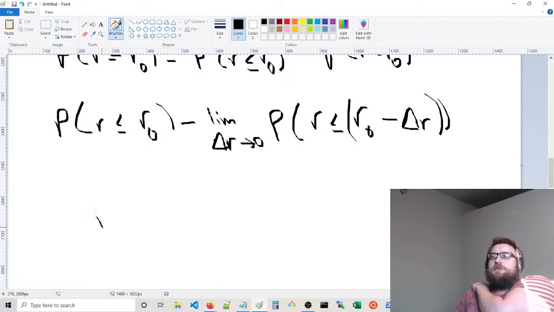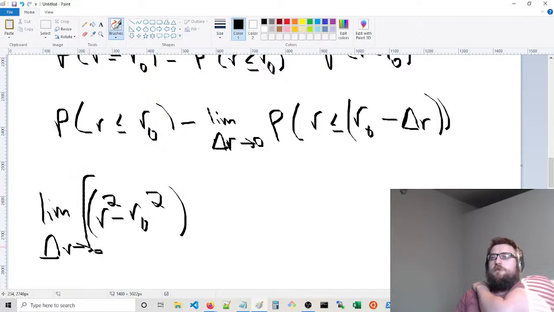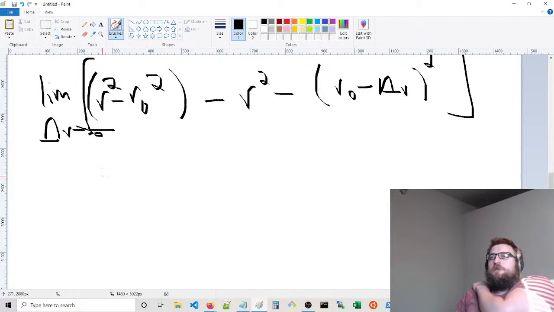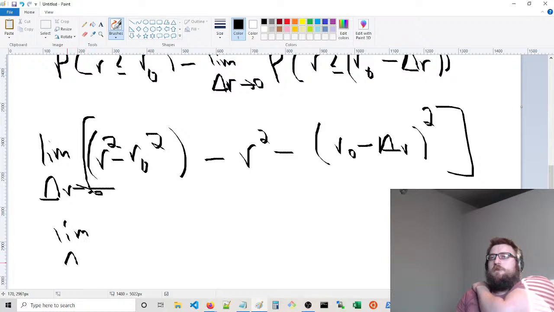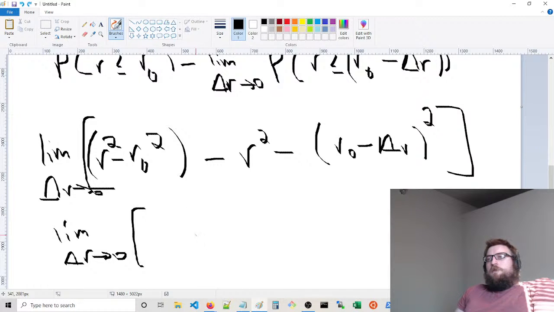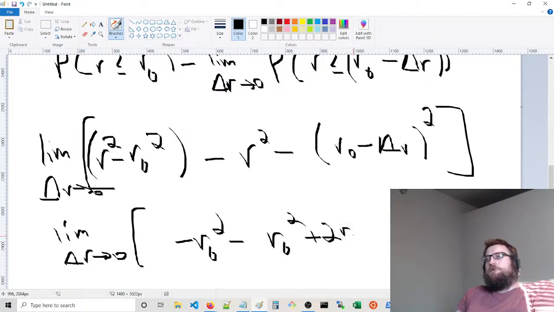What's interesting though is that we said it's r squared minus (r0 minus delta r) squared, as delta r approaches 0, which then looks like r0 squared minus r0 squared plus 2 r0 delta r.